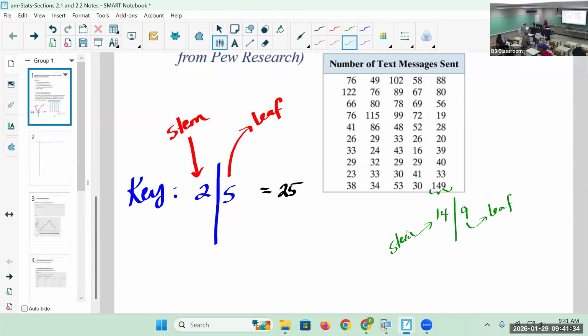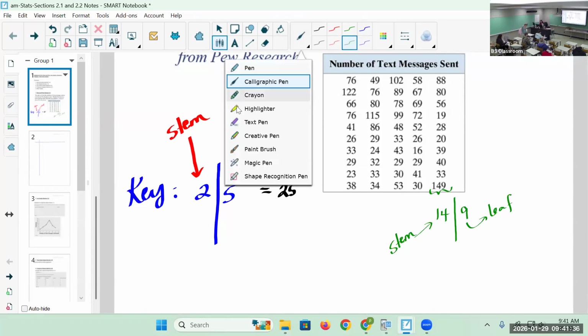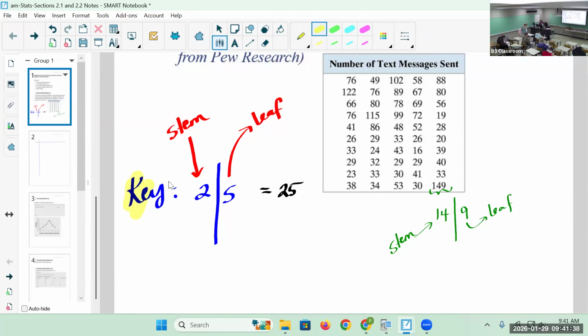So just because the key, let me highlight the key, is 2 and 5, the stem actually will go from 1 all the way to 14.